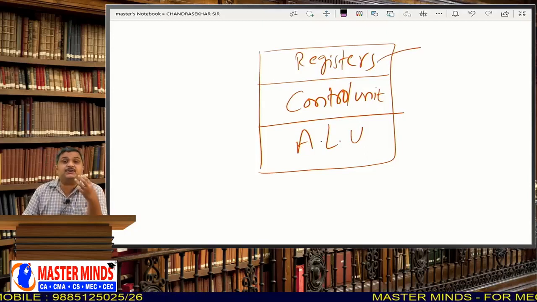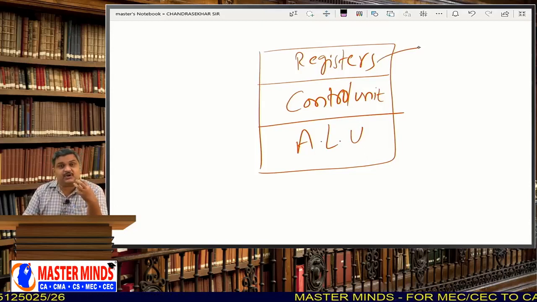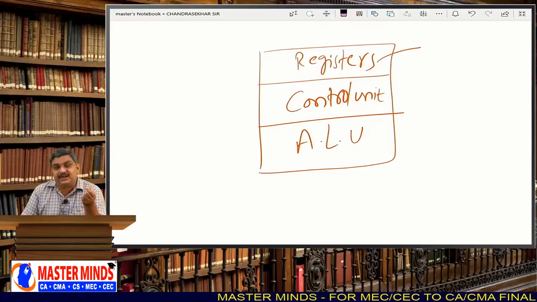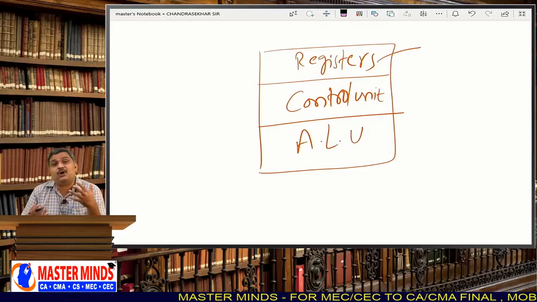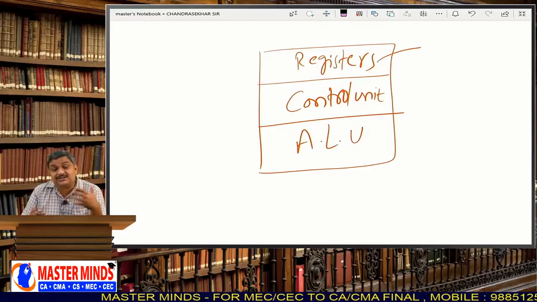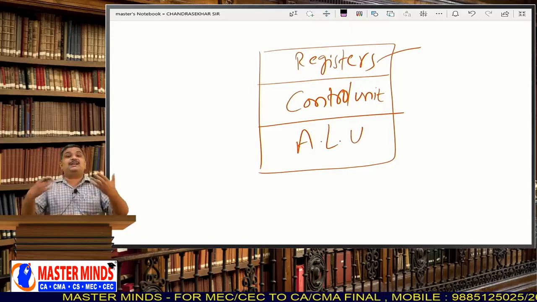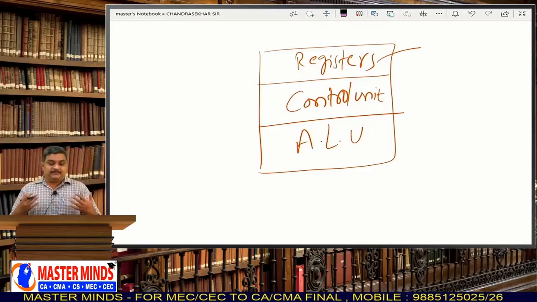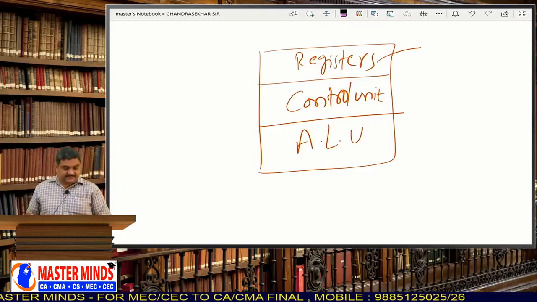They are basic units of storage. In electronics terminology, registers are the fundamental memory units. That means our data gets stored in the registers. That is what you need to understand.